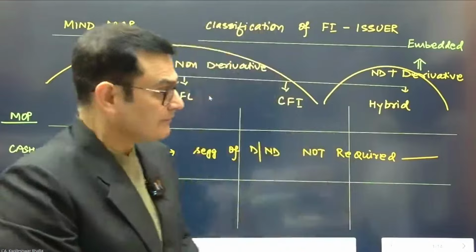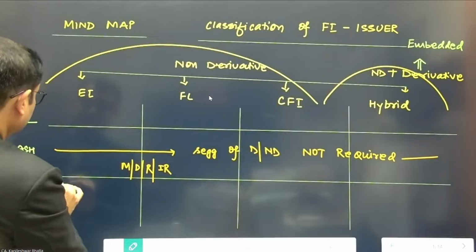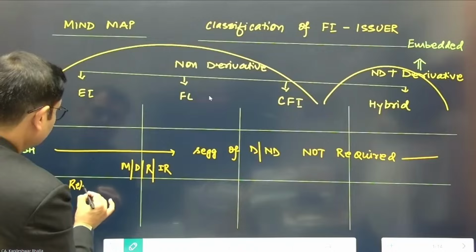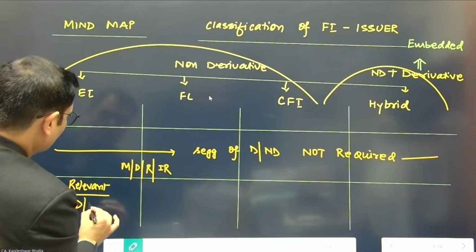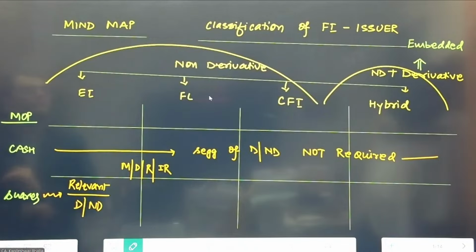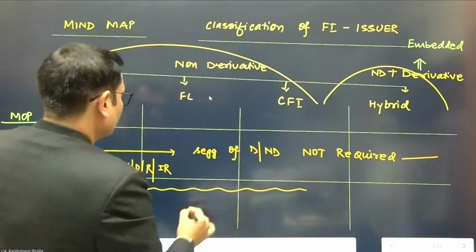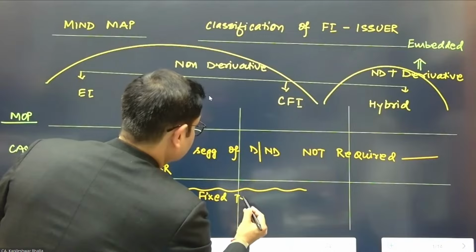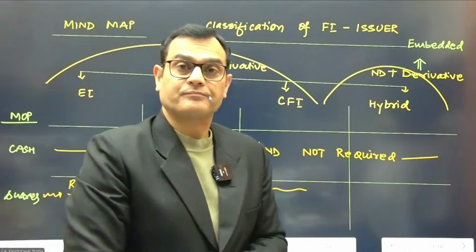And I said we're going to talk about that in terms of CFI, so don't worry, that pending issue gets discussed today. Now, if the mode of payment is shares, then it is definitely relevant whether it is a derivative or non-derivative in nature. When it is non-derivative, we need to apply what is called the fixed test, and that decides the status, whether it is equity, financial liability or CFI.